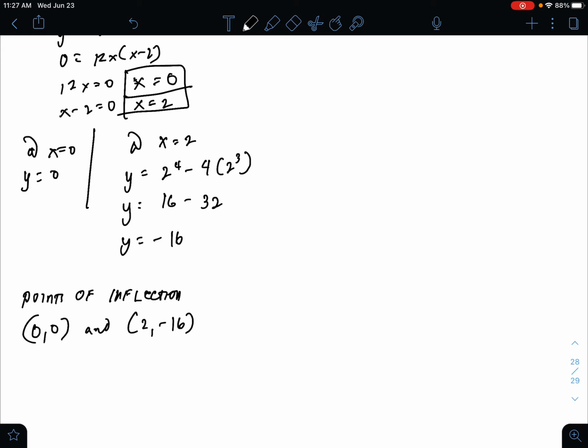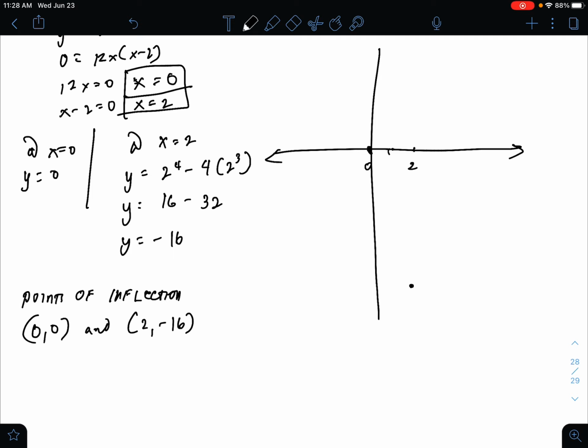Okay? So, to find the concavity of each, buhat na pud ka og graph. So, imaginary graph lang sa ta, no? Interval sa ta. So, sige, buhat na ta graph. 0, 0, muna itong first point of inflection, and then, so 0, then 2, then negative 16. So, somewhere here, ang isa ka point of inflection.